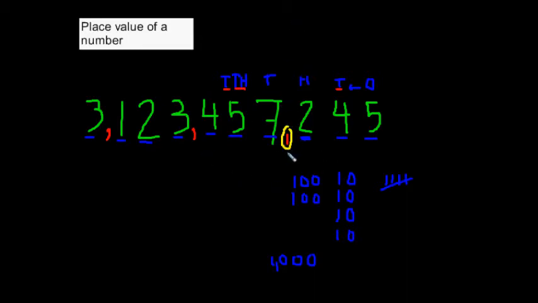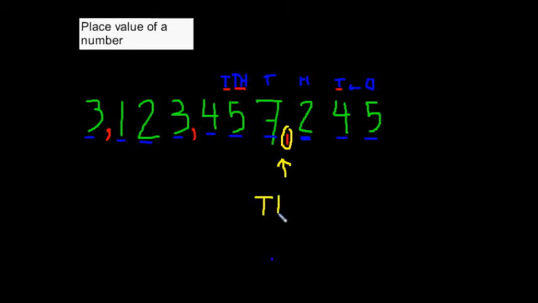So this comma means thousand. I was saying that the comma between 7 and 2 means thousand.